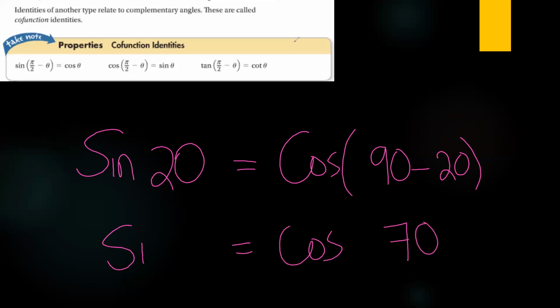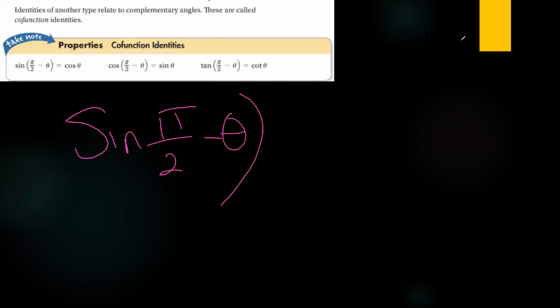So sine of 20 equals cosine of 70. These we call cofunction identities, like the sine of pi over 2 minus theta will be cosine of theta.